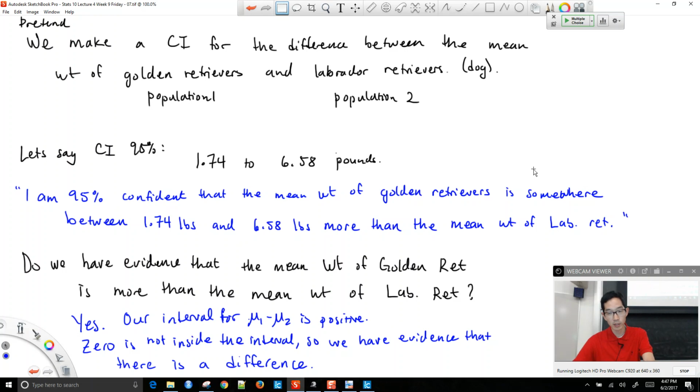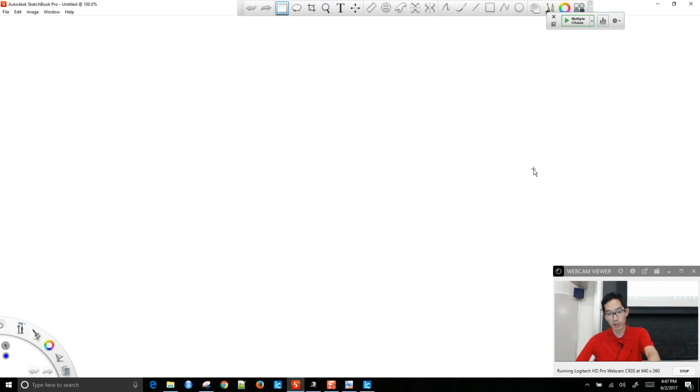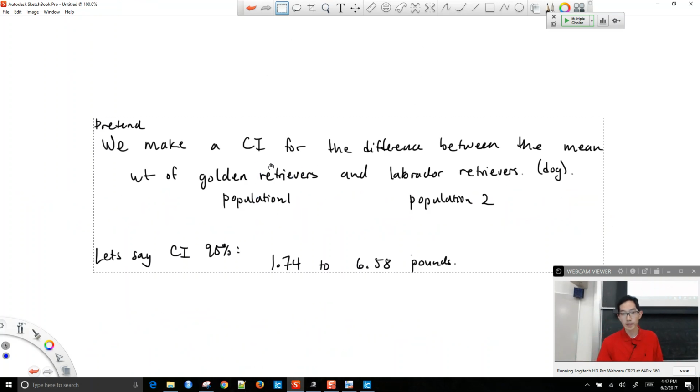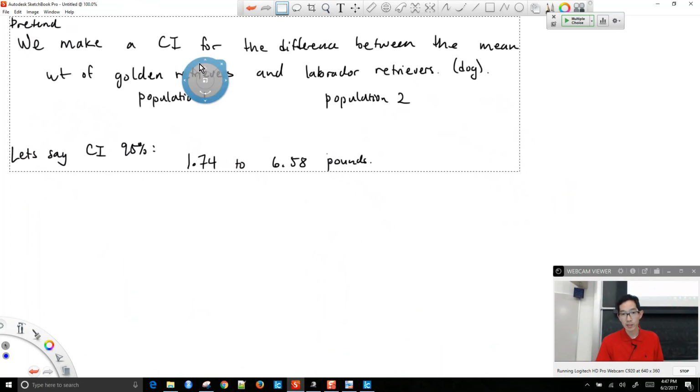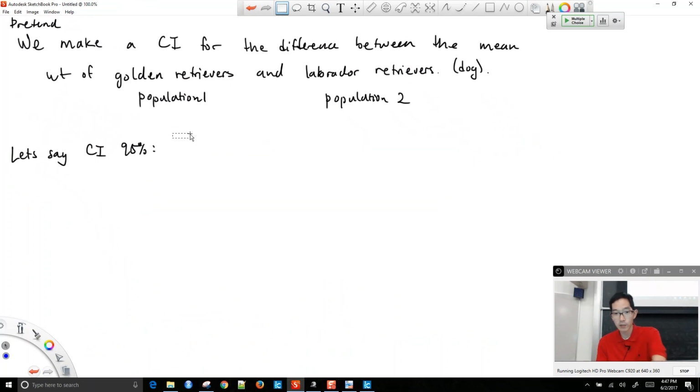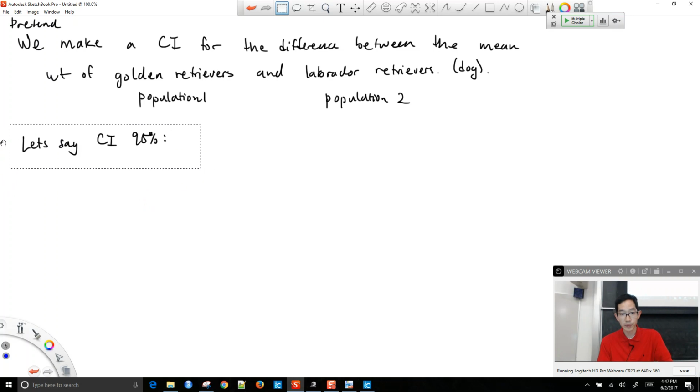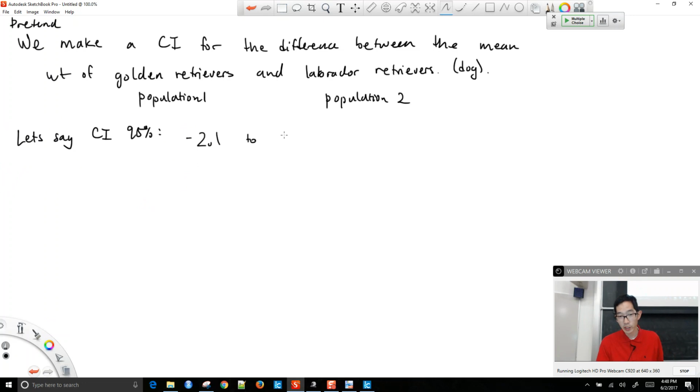I know some of you are writing, but I'm going to flip the slide because we only have 2.5 or 3 minutes left. So let's say our confidence interval this time goes from negative 2.1 to 3.1.